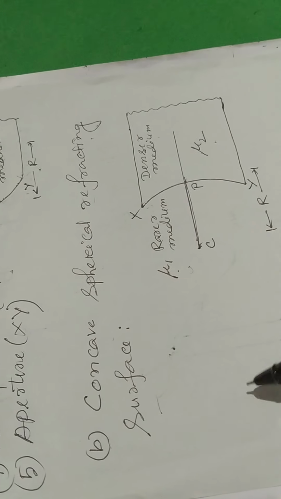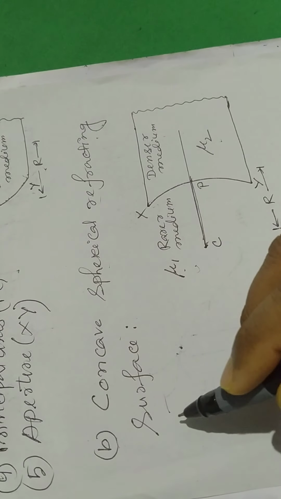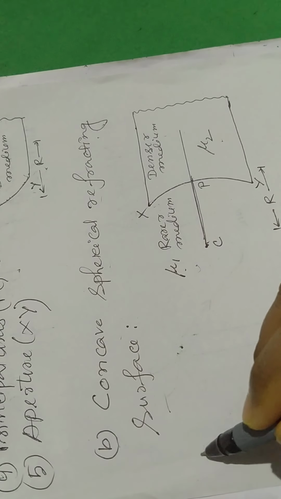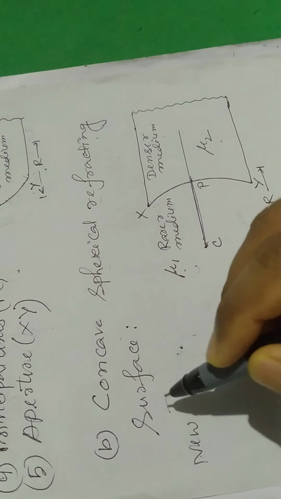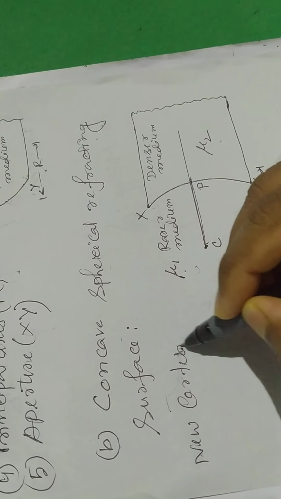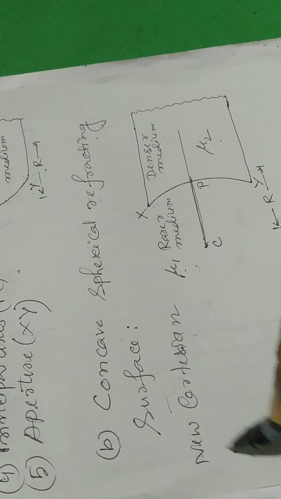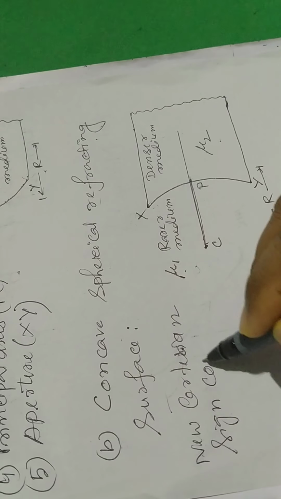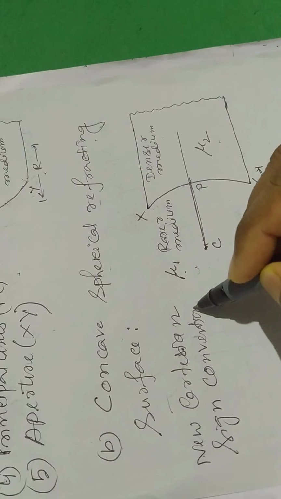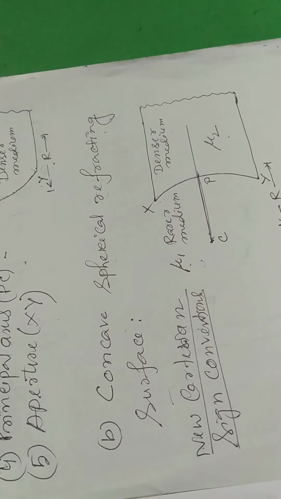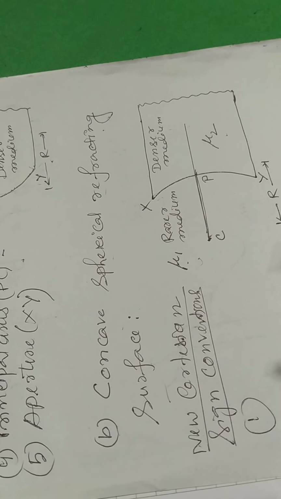Now, new Cartesian sign conventions. According to the sign conventions, number 1, all the distances are measured from the pole of the spherical refracting surface.